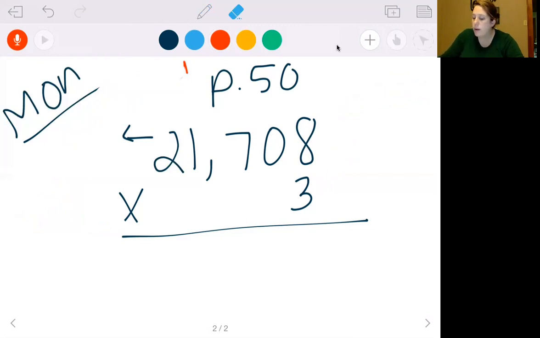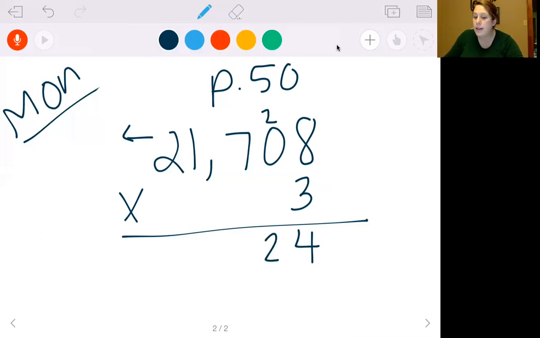Okay, so if you remember from last year, we're going to start with the 3 and we're going to multiply it by the 1s. So 3 times 8 is 24. I'm going to put down my 4 and carry my 2. Then I go back to my 3 and say 3 times 0 is 0 plus 2 that I carried, so 2.